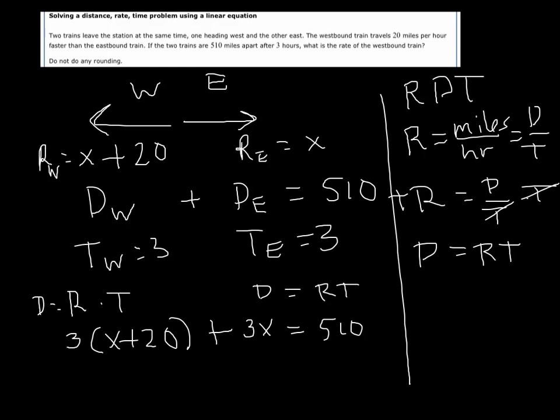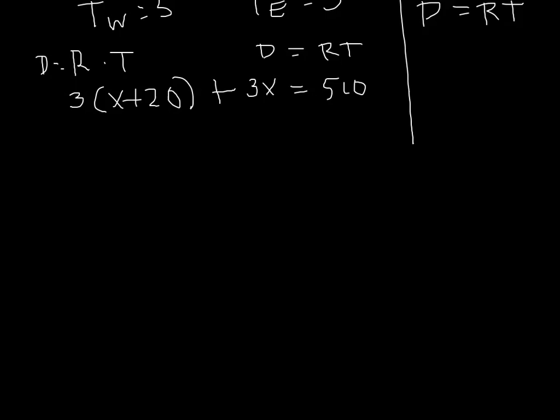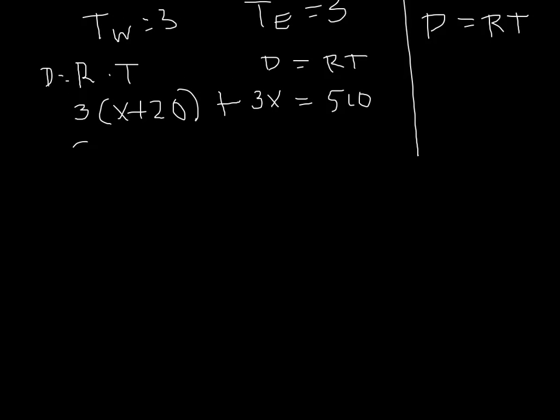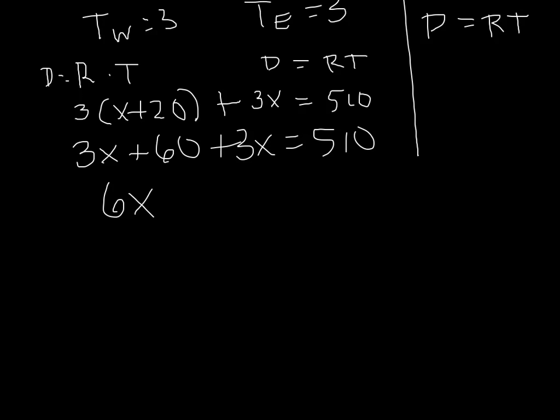So let's see, what can we do here? Okay, we're going to distribute the 3. We get 3x plus 60 plus 3x equals 510. I'm going to add those x's up, and then we're going to subtract the 60 from both sides.